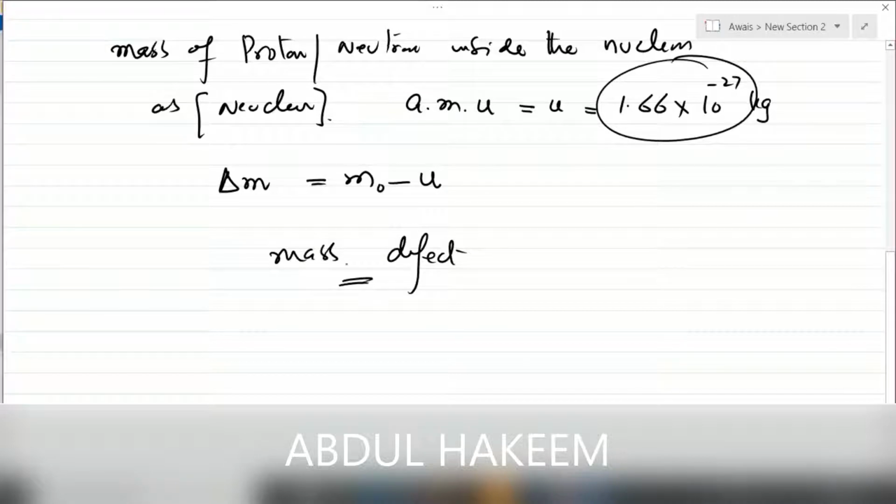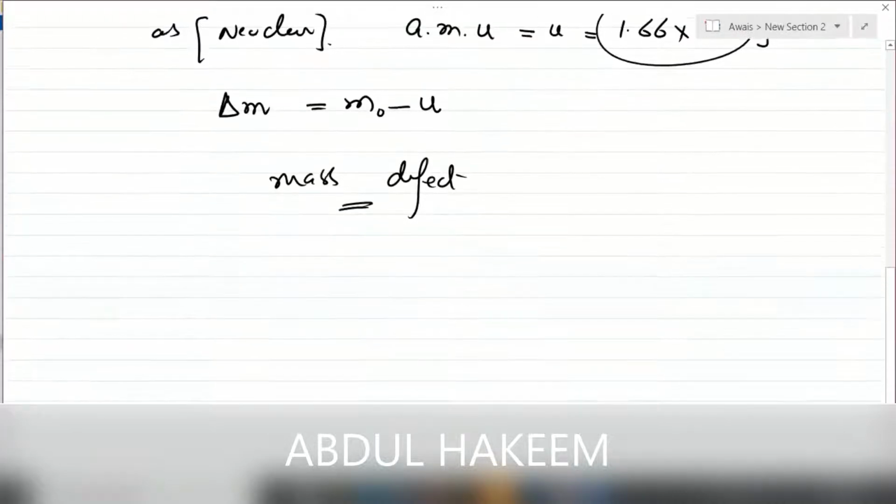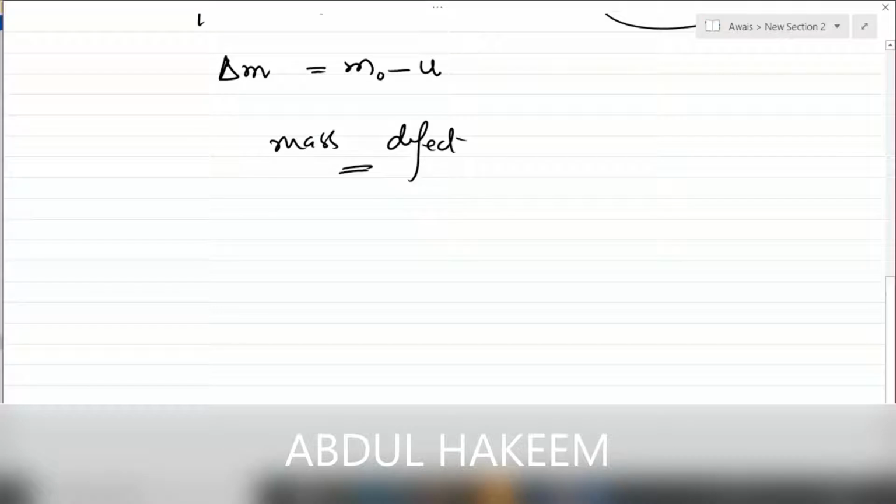This difference of the mass is very, very small, but on the atomic scale, it is too large. So the mass defect is the mass of the proton, neutron outside the nucleus minus the mass of the proton, neutron inside the nucleus. This delta M is the mass defect.